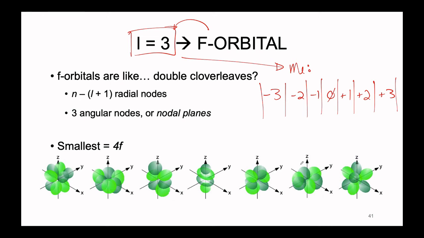Just like how below, we can see that there are 1, 2, 3, 4, 5, 6, 7 unique pictures that we can draw. Now, each of these pictures, again, are derived from the mathematic wave function. We are not showing that math explicitly, but the label of the M sub L in the equation is what gives us these 7, in this case, unique pictures.